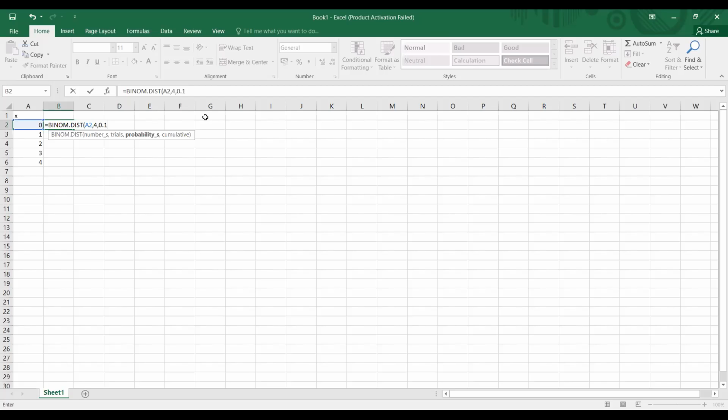Then the last parameter contains true or false. If you want the cumulative distribution, use true. If you want the simple probability mass function, use false. It's totally up to you what sort of distribution you want to generate, whether cumulative or simple. I'm just drawing the simple one, so I'm using false here and pressing enter.